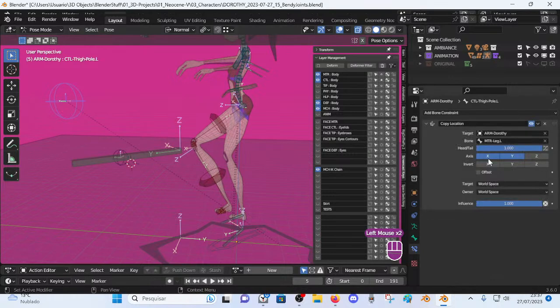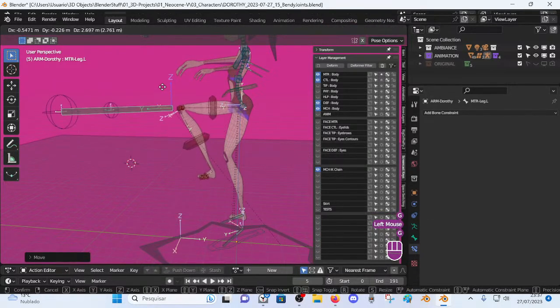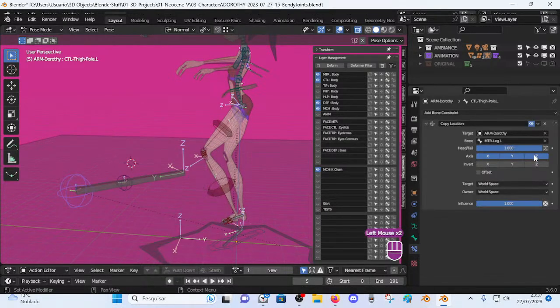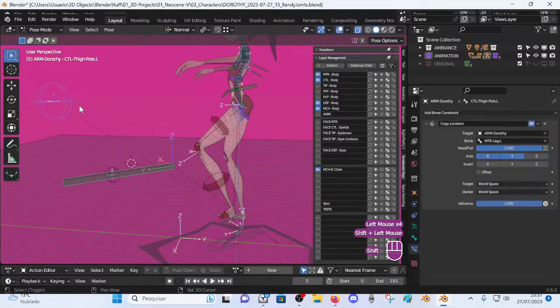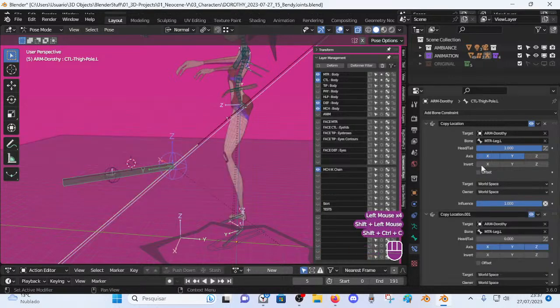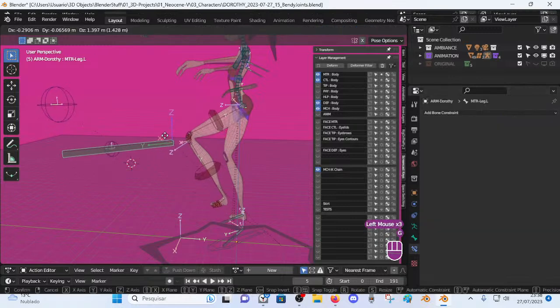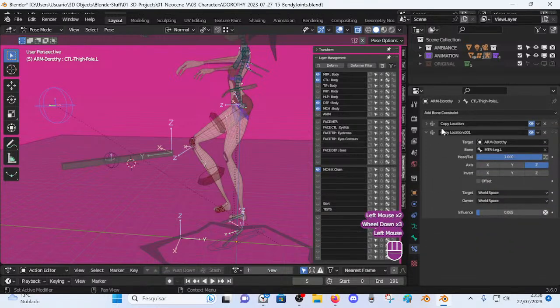This is bad in terms of automation, but then this is also bad, so maybe I could do another, yeah, I could make a double copy location. Now this will do the same thing, except with a very slight influence, so it keeps... wait, this is too low influence.